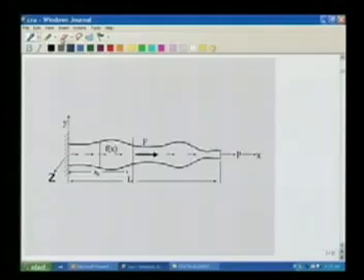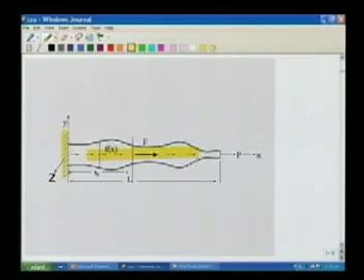For example, we have this figure here which represents a bar, a slender member with variable cross section, subjected to an axial force which is a distributed body force Fx, a point load at point x naught of size f, an end load P, and it is constrained at the point x equal to 0.